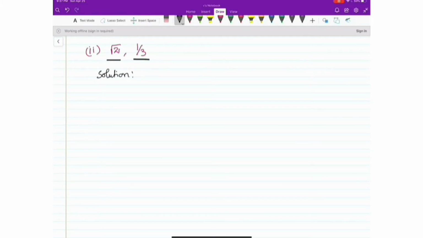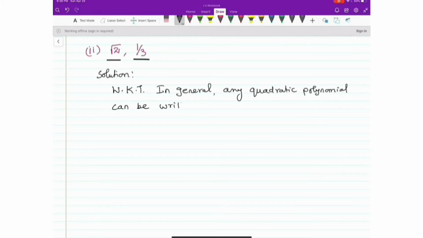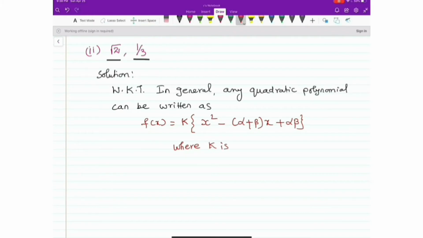First you have to write the important step, that is, we know that in general any quadratic polynomial can be written as f of x is equal to k into x square minus alpha plus beta into x plus alpha beta, where k is any non-zero real number.